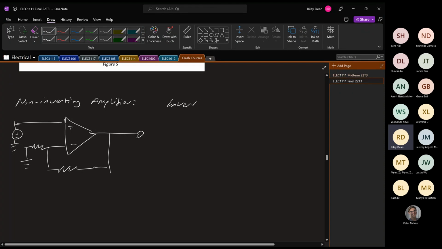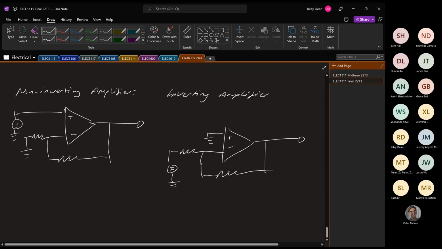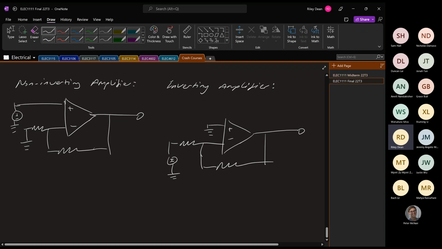Now, similarly, let's just have a quick look at our inverting amplifier, which is very much the same. However, we see now our input is on the inverting side. These are generally the two main circuits for op-amps that we look at in the course.